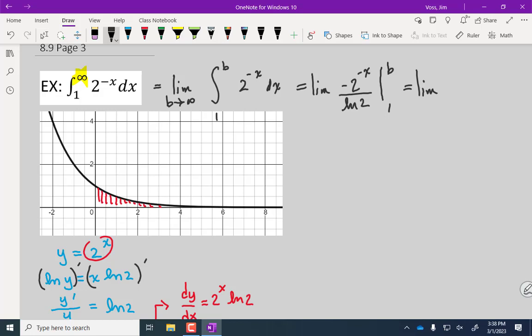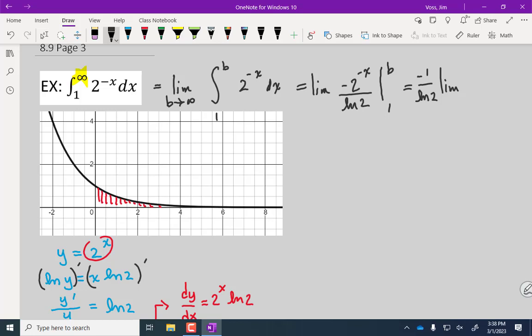So why don't we pull out the constant? So let's take a look here. The constant, we have a negative 1 over natural log of 2. Let's get that out in front. And then we have limit. So now we're only focusing on that 2 to the negative x. That's going to be just a little cleaner.